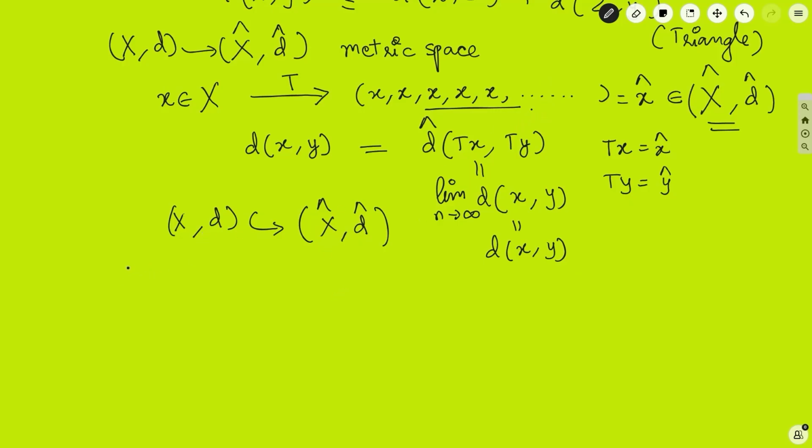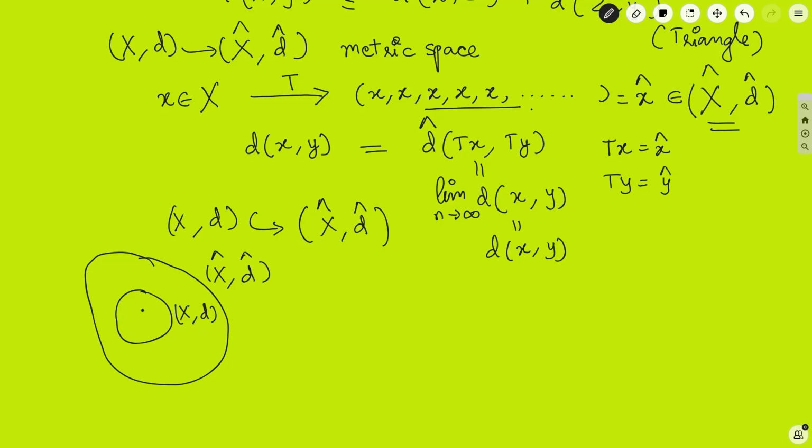Okay, now this is good. So we have this bigger space x hat, and we have embedded the original space. Is there something more to this? Is it just an embedding? Can we have some other properties? There's something called a dense set.